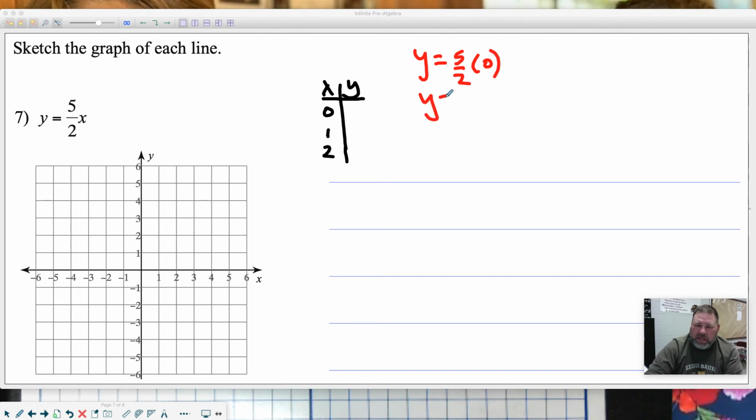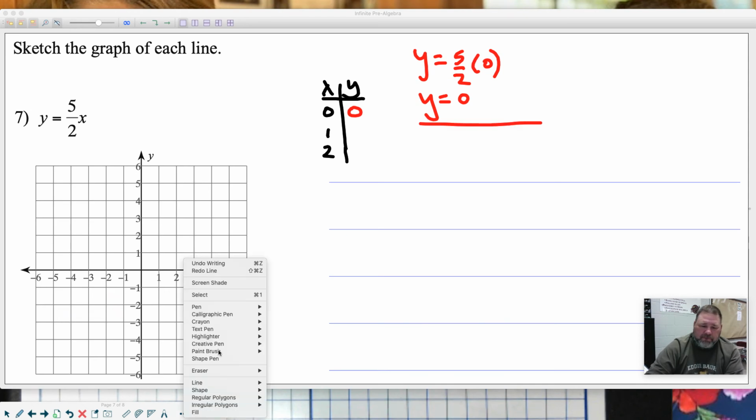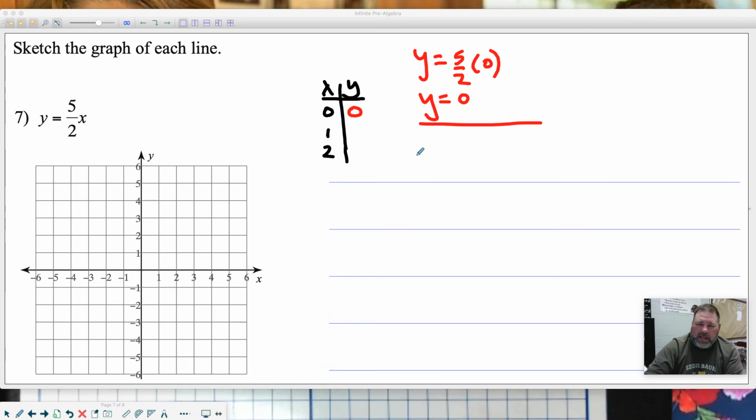So that means when x is 0, y is also 0. All right. Now let's plug in x equals 1. So y equals 5 over 2 times 1. Okay. So when x is 1, y is 5 over 2. And that's 2.5, right?